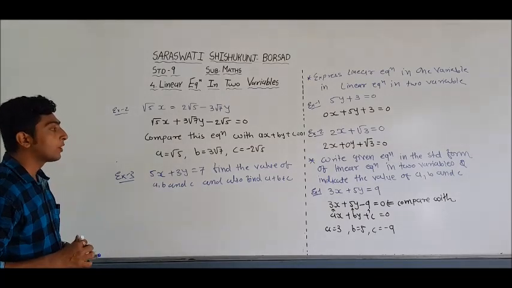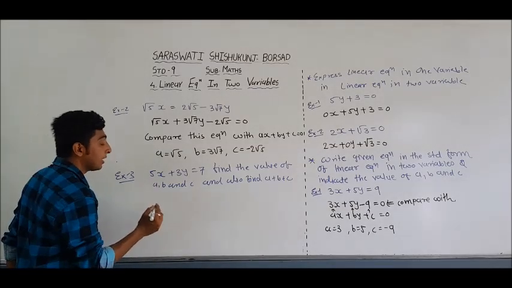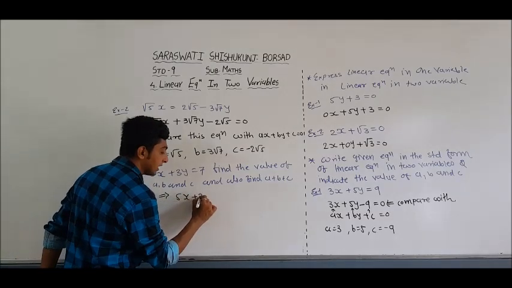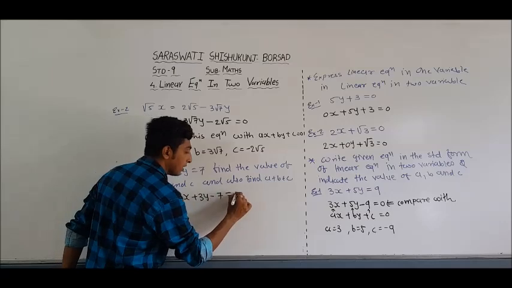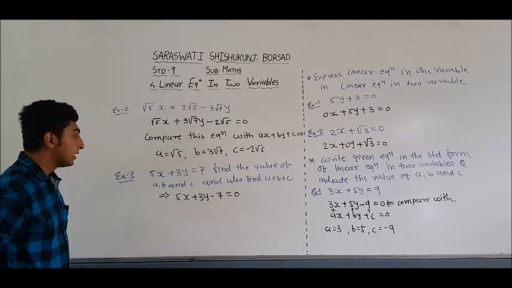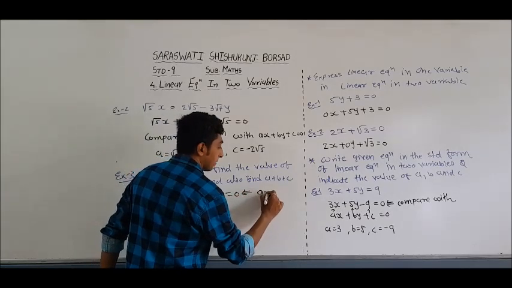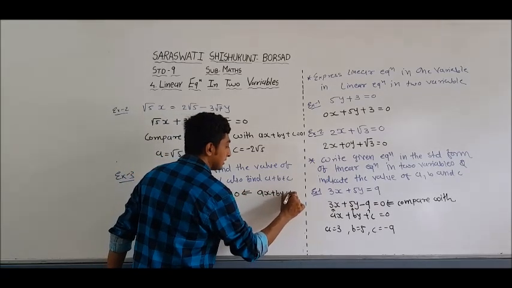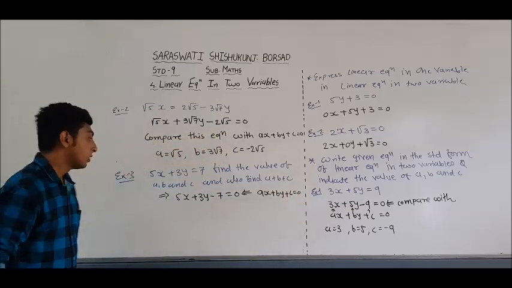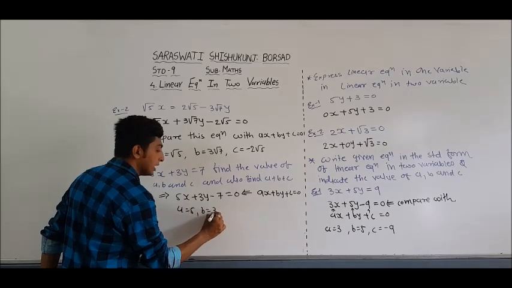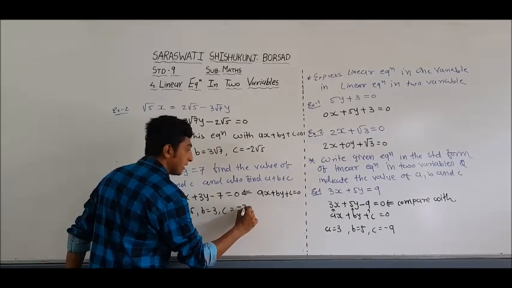First of all, you have to convert the linear equation in two variables into the standard form, that is 5x plus 3y minus 7 equal to 0. Now compare with the standard form ax plus by plus c equal to 0. So here a equal to 5, b equal to 3 and c equal to minus 7.